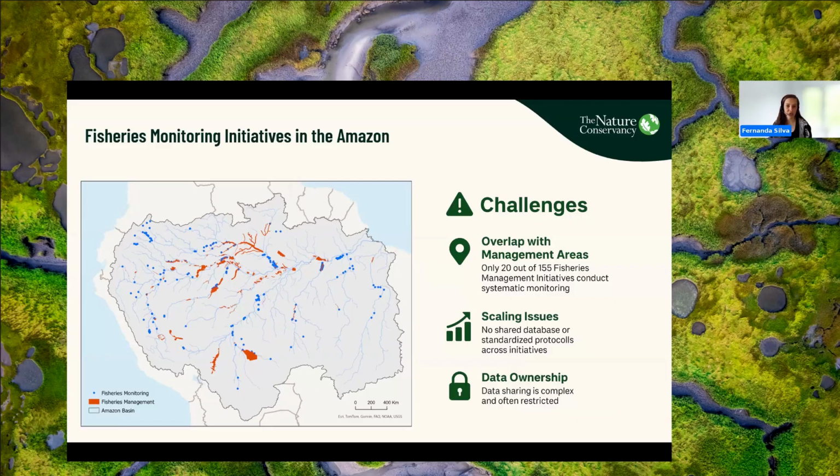In other cases, communities may be hesitant to share fishing information without guarantees of benefits or feedback. This situation is understandable, but we need to move forward with models where data flow more freely between science and management, always respecting credits for data collectors.